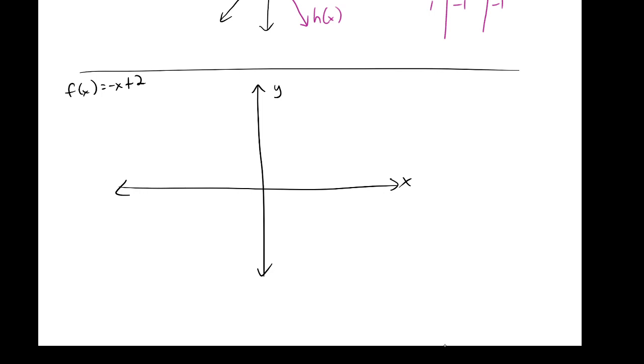So up 2, down 1 over 1. It's a slope of negative 1. Now we're going to graph the following, which is going to be the g of x, and our g of x is going to be the f of 1/2 x.